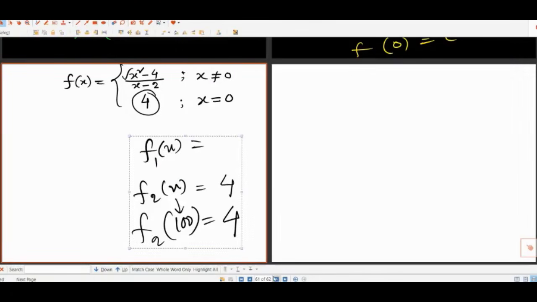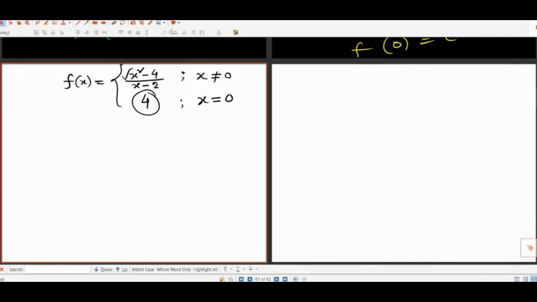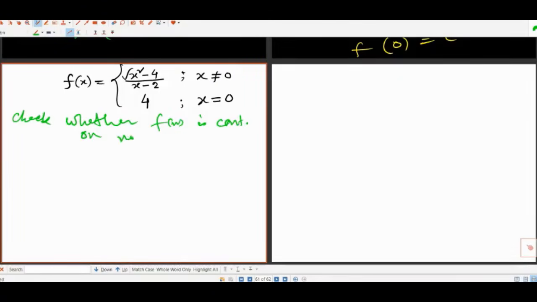Yes, sir. Okay. So again, our target is to check whether the function is continuous or not. So the question is the same: check whether f of x is continuous or not. Here I have written x not equal to 0, x equal to 0, but you will check this as a home task.